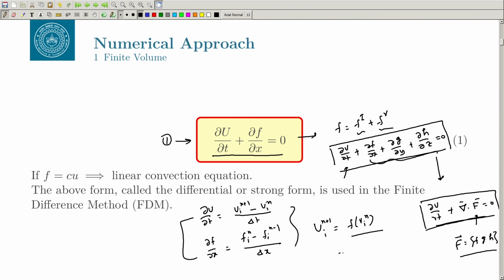If it is an implicit scheme, for example, you are using Euler backward, then it will become u_i^(n+1) is equal to f of u_i^(n+1). So, basically it will be a matrix which you need to invert and solve. Okay. This is an implicit form. In that case, this is f_i^(n+1) minus f_(i-1)^(n+1) by delta x, right.